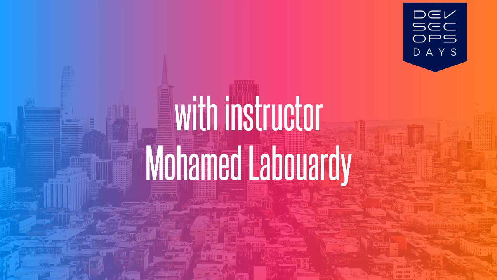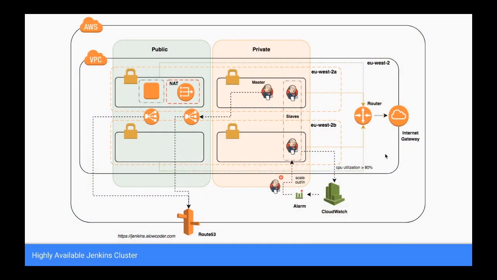So the Jenkins cluster will be deployed inside the private subnets, and it will consist of an autoscaling group of Jenkins workers in a private subnet and a private instance for the Jenkins master sitting behind an elastic load balancer. And in order to scale out and scale in the Jenkins workers automatically, we'll create a CloudWatch alarm based on the CPU utilization of the workers group.